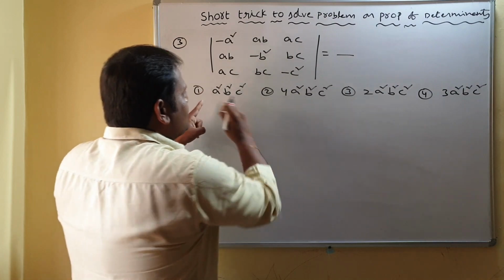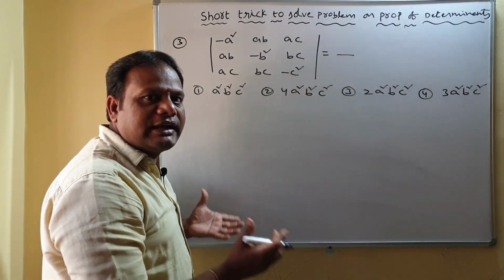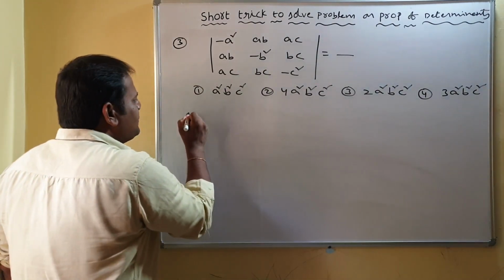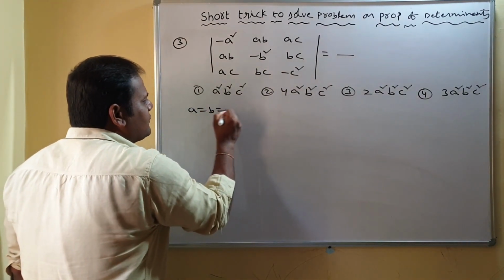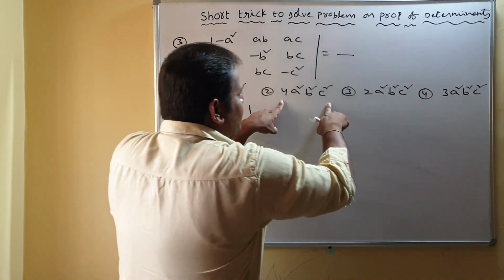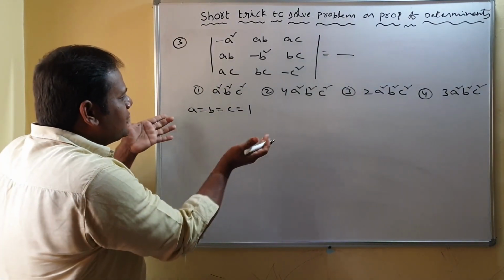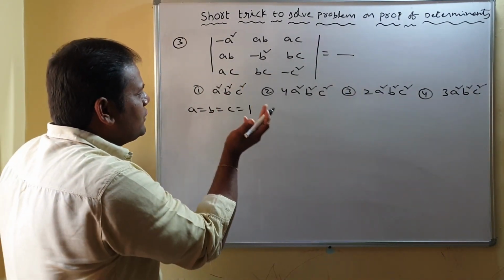Put those values in the options and check whether each option gives a different value or not, and then go with that. Suppose I take a equal to b equal to c equal to 1. What will happen? This becomes 1, this becomes 4, this becomes 2, this becomes 3. Yes, all are different. So you can go with a equal to 1, b equal to 1, c equal to 1.